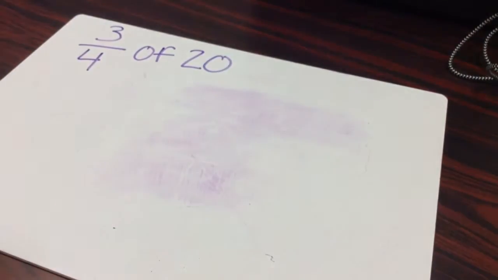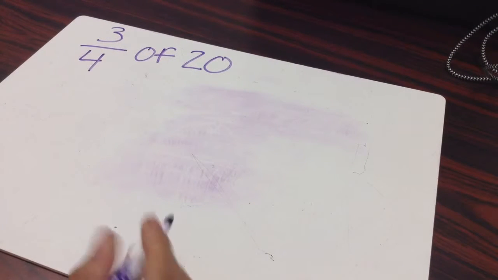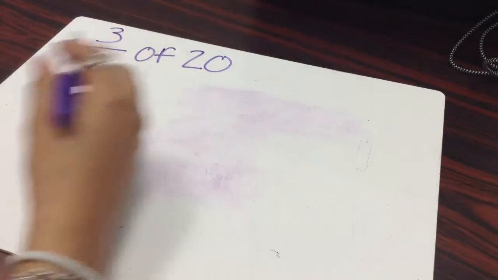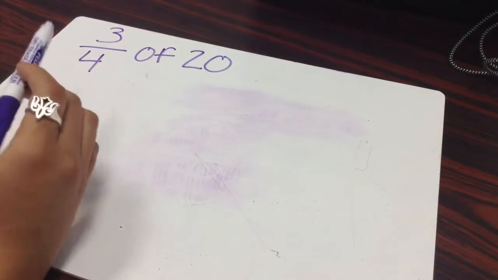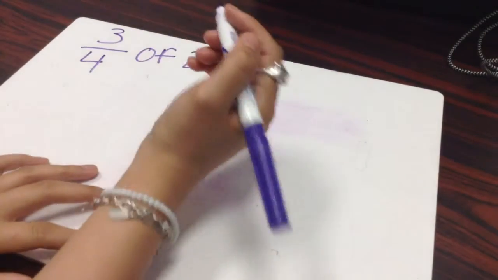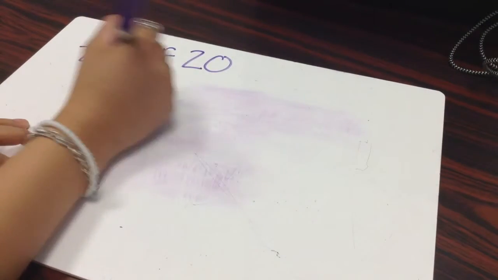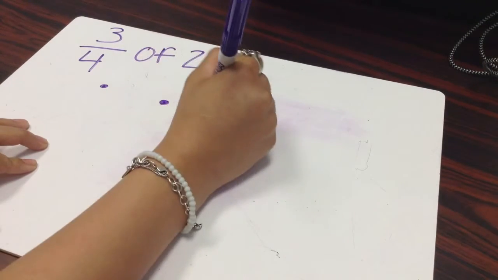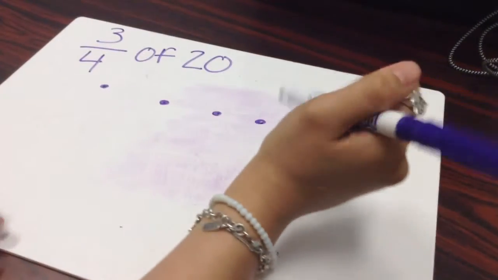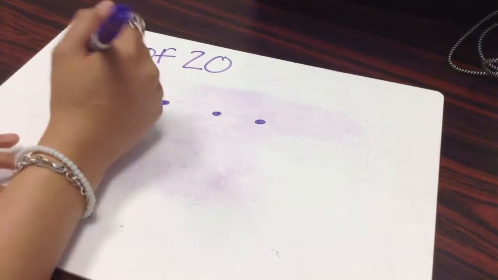So if we're wanting to see what is 3/4 of 20, how I like to do it is, I know that I have 20 total, and that I'm going to have 4 groups. And so what I like to do is count one by one out to 20. I'll designate my 4 groups right here, and I'll count to 20, putting 1 in each group each time so that I can see that it's going equally into each.